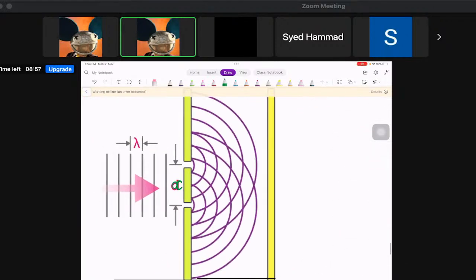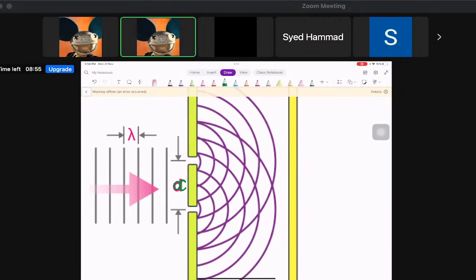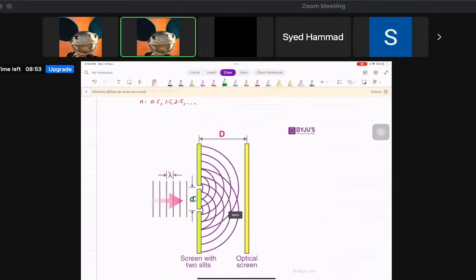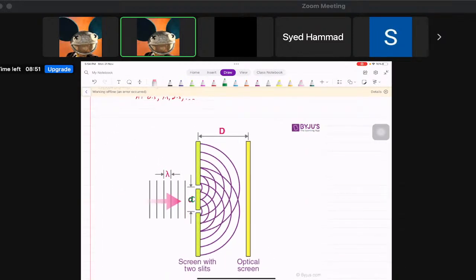If you go in the middle, right here, oh, by the way, I just wanted to tell you something very, very important. When we make wavefronts, you might have learned this in O-levels as well. Wavefronts are basically the lines that connect the crests together.